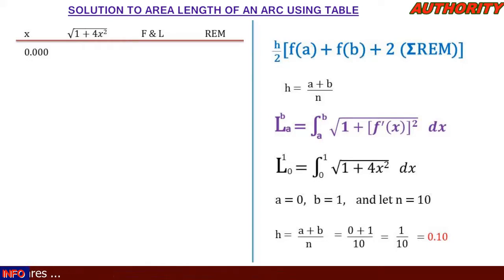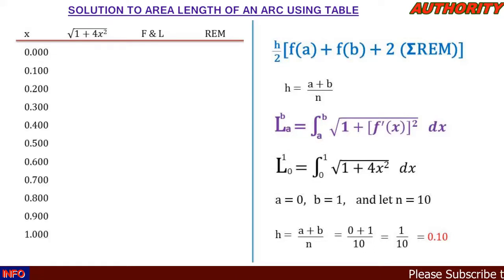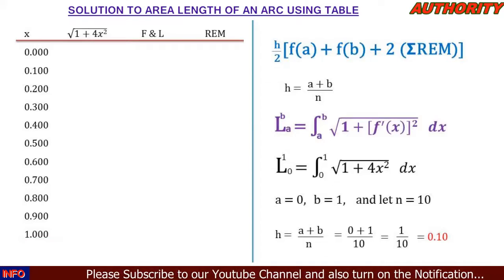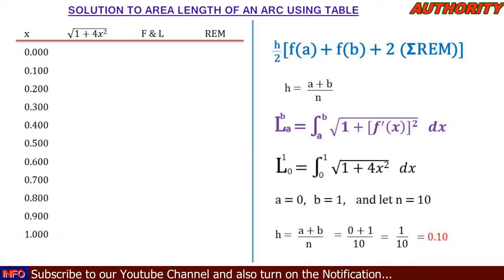Under 0.000, we're going to have 0.100, after that 0.200, 0.300, 0.400, 0.500 until we get to 1. So when we get to 0.900, then we get 1.00. Is that true? Yes. So these values we call x are from 0 to 1, and in between we have 10 values.